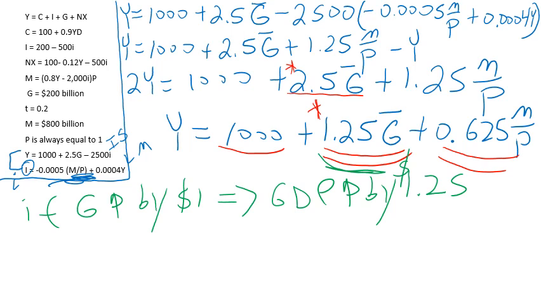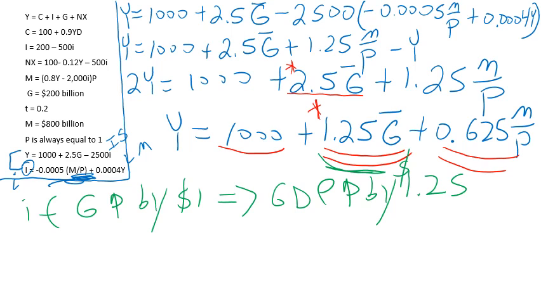Well, in the extreme, if government spending goes up by $100 billion, then GDP will go up by $125 billion. And this also works in reverse.